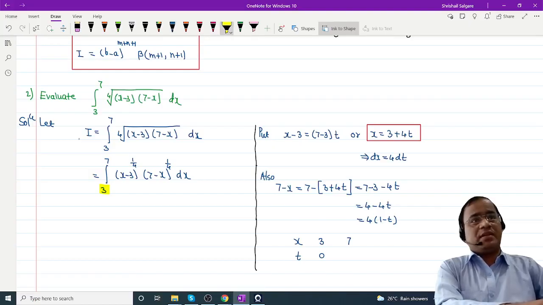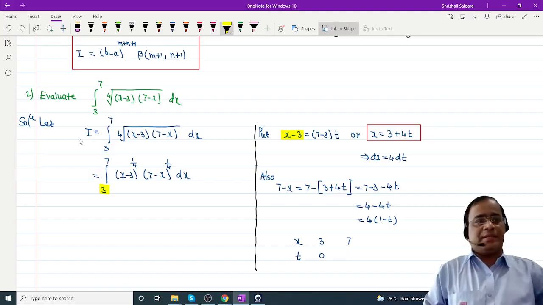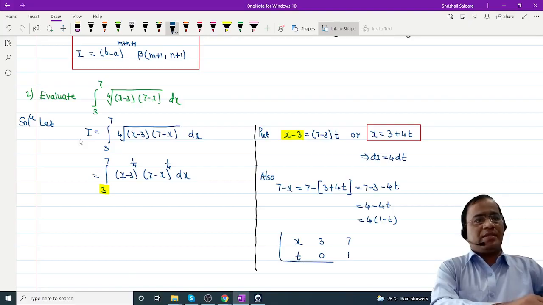Because of this factor, remember, 3 minus 3 is 0. That is t is 0. If you substitute 7, 7 minus 3 gets cancelled, so upper limit is 1. So these are the new limits for variable t.